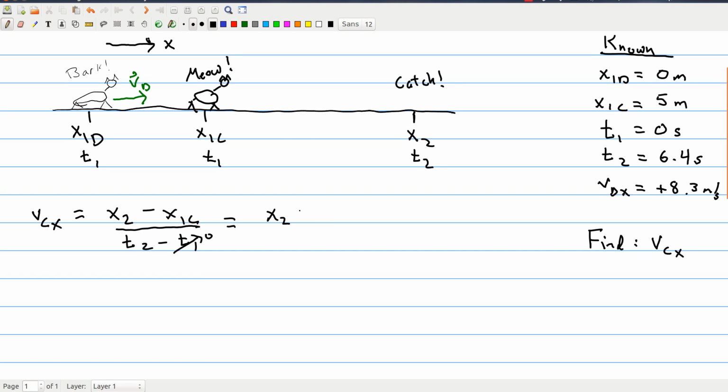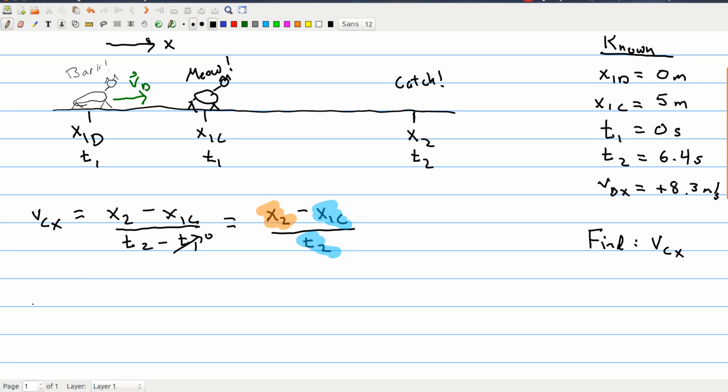So we get x2 minus x1c divided by T2. Now here I know the starting position of the cat, right? That's my 5 meters. I know T2, that was the 6.4 seconds, but I don't know x2 yet. I don't know the distance that they end up at. So I can't just use this to find the answer.